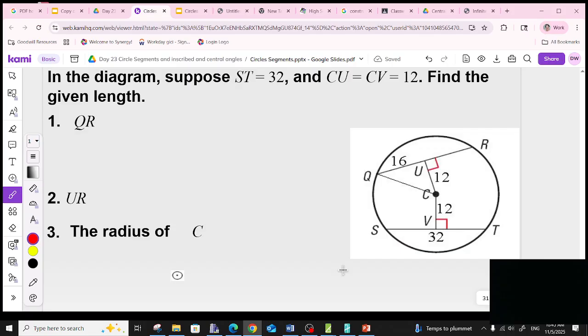Well, what's QR if these two are equidistant? Yeah, it has to be 32. I didn't have to do any math. It has to be the same as this. Find UR. Well, what's UR? That's just 16 because these two pieces have to be equal.